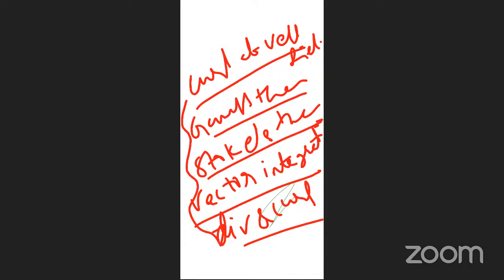Newton's laws are three. The first one is: every body tends to remain in a state of rest or in uniform motion unless an external force is applied. That is Newton's first law.